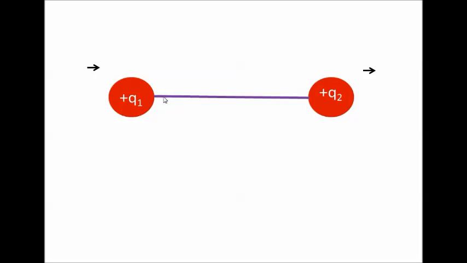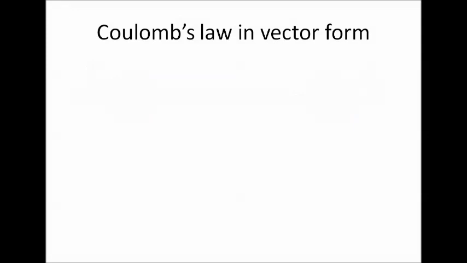So along with how much force, we have to specify in which direction that force is acting. So next we are going to see how to represent Coulomb's law in vector form. To represent Coulomb's law in vector form, along with the magnitude of force, we need to just add the direction of force. That's it. And now let's see how to add a direction along with the magnitude of force.